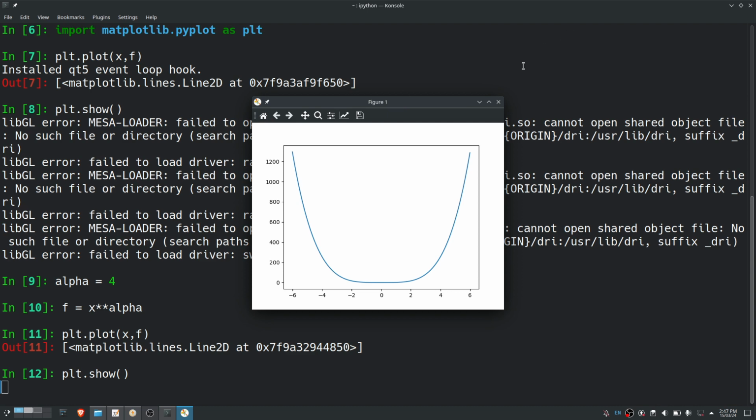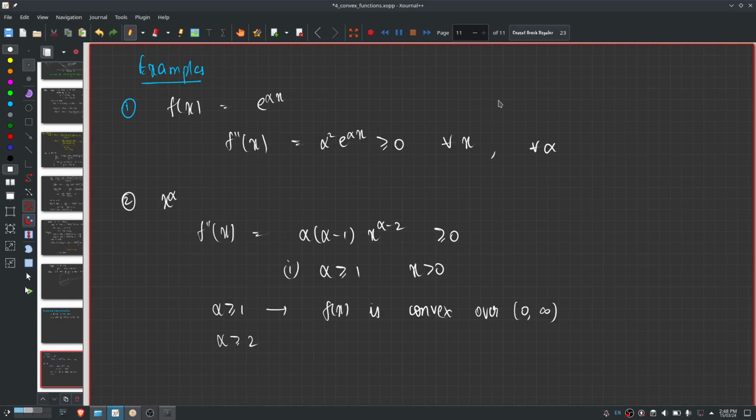Okay, so let's go back to this particular quantity. So no matter what alpha is, as long as it is greater than or equal to 1, f of x is convex for x greater than 0. Okay, so we're interested in what is going to happen when x is less than 0.